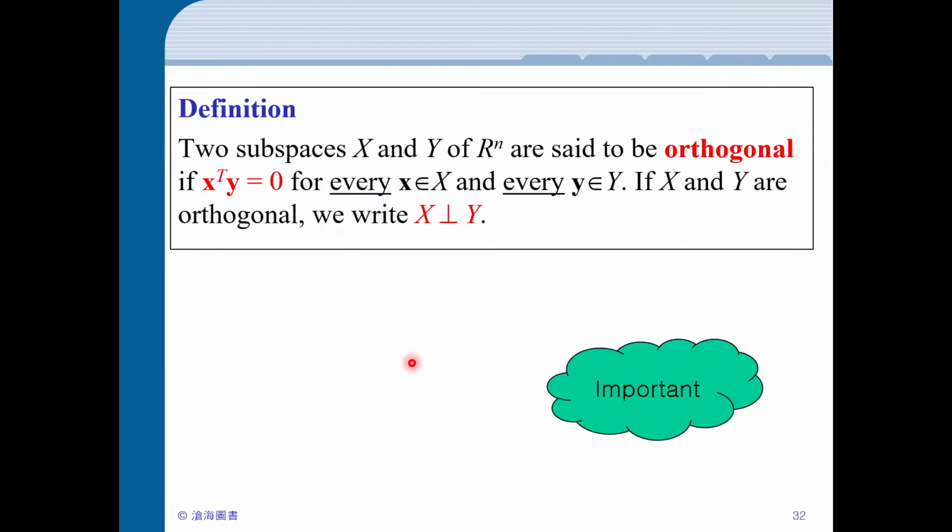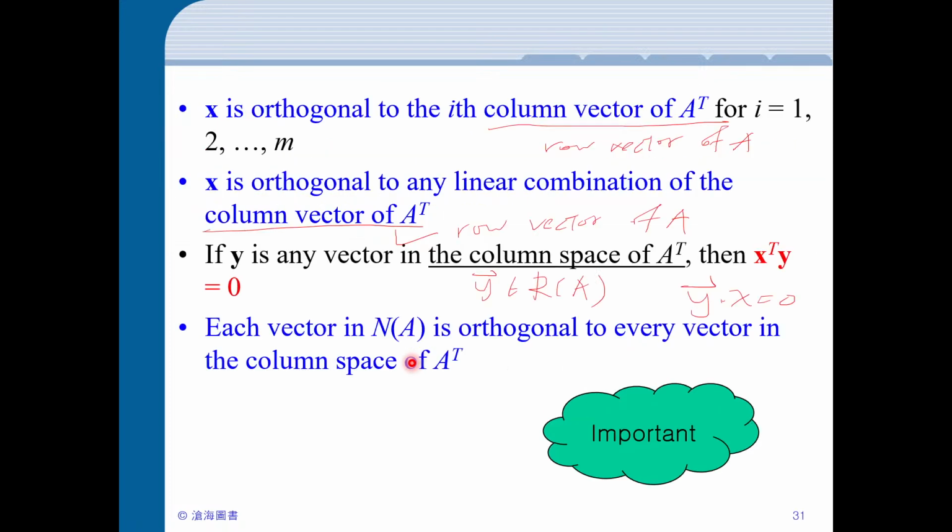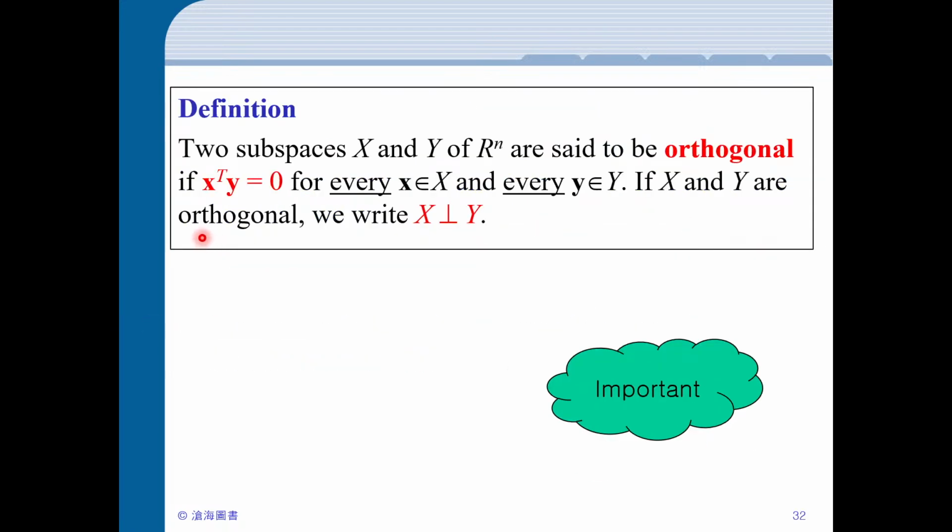Okay. And ignoring the column and row confusing thing, we have an example of a very interesting thing. We have two subsets X and Y. We will say they are orthogonal if every vector inside them is orthogonal. Okay. So x transpose y equals 0 for every x in X and y in Y.